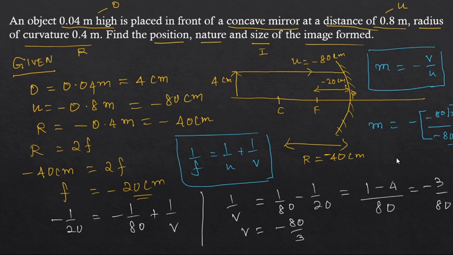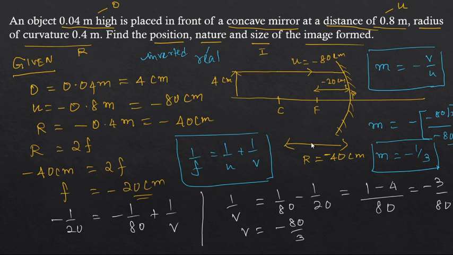Okay, now the m is, we can cancel it, minus of minus plus and again minus, so 80 can be cancelled. Now 1 by 3, so minus 1 by 3. The negative sign indicates what? The negative sign indicates it is real, and it is inverted. It is real and inverted.